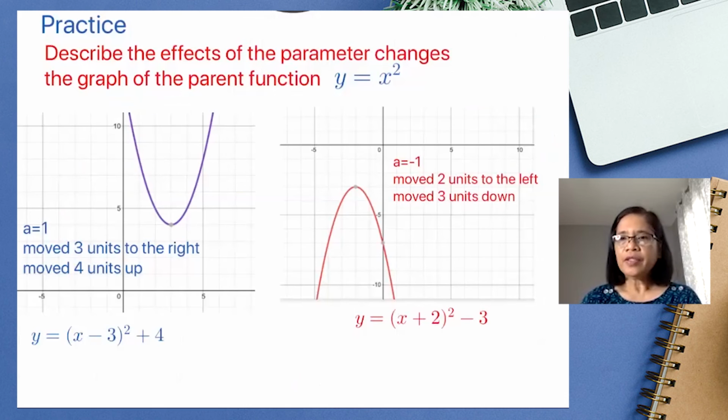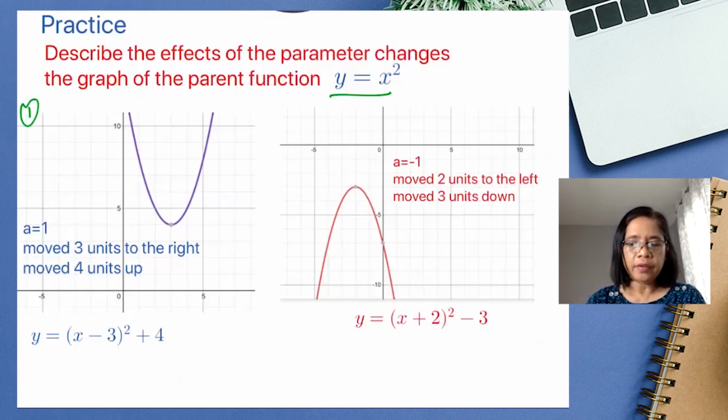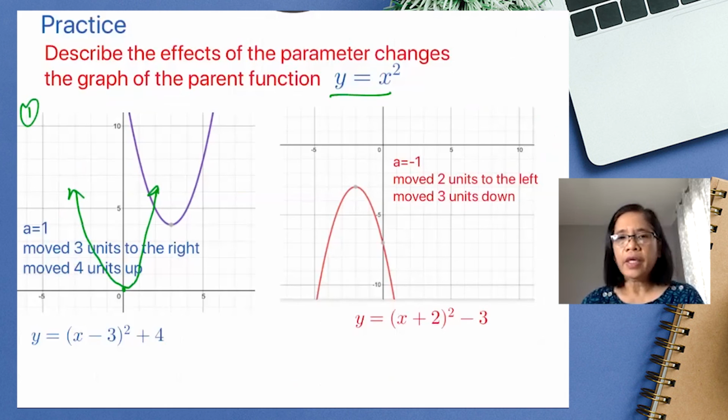So now let's look at the transformation on these two graphs here. Let's start with the first one. From the parent function y is equal to x squared, and earlier we know that this is a graph whose vertex is at the origin. If we start looking at the vertical shift or horizontal, let's start with horizontal.